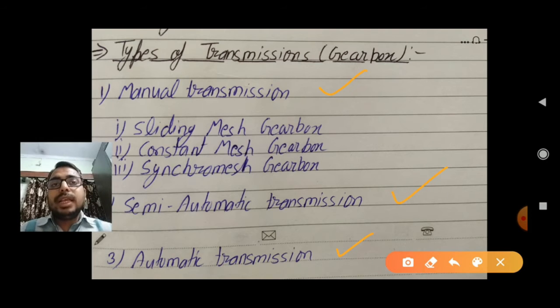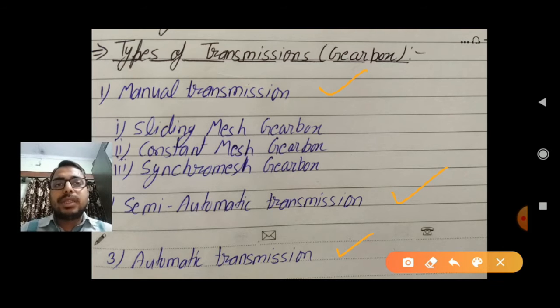Manual transmission means the shifting of gears takes place by manual method, as in the conventional vehicles we have seen till now. In these vehicles, when we press the clutch, the shifting of gears takes place with the help of a hand lever. When the shifting is done by hand lever, it is known as manual transmission.